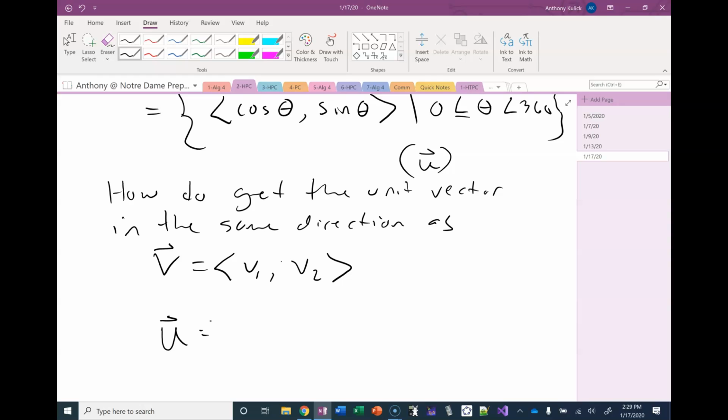It has to have the same direction as v, but it needs to have a magnitude of 1, right? So what if I just multiplied vector v by some scalar that creates a magnitude of 1? Multiplying by a scalar isn't going to change direction. It's just going to stretch or shrink that arrow, right? So what should I multiply vector v by?